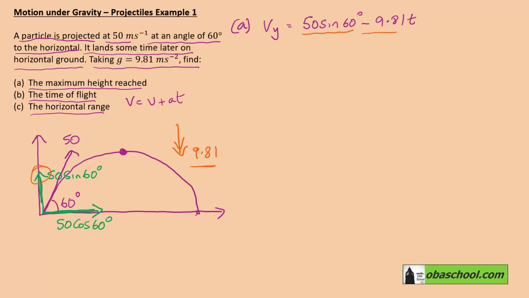So we want Vy equals 0, so that's going to give me that t is equal to 50 sine 60 divided by 9.81.